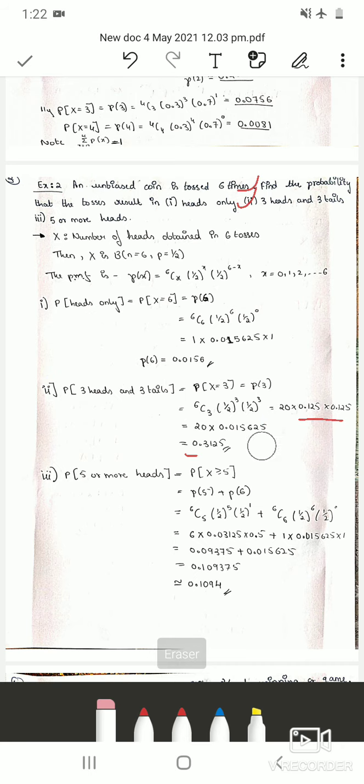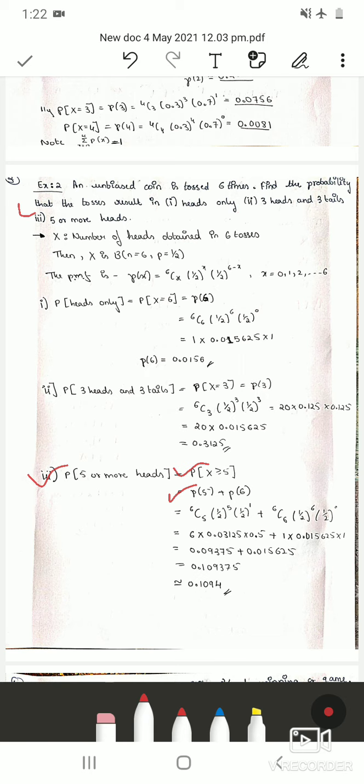Let us see the third sub question now. The third sub question is 5 or more heads. So what does this mean? Either you can get 5 heads, or more than that, the only possibility is you can get 6 heads. So it will be either the probability of 5 heads or 6 heads. It is x greater than or equal to 5, which is we have to calculate P of 5 plus P of 6.